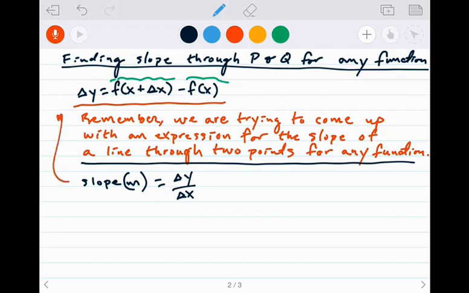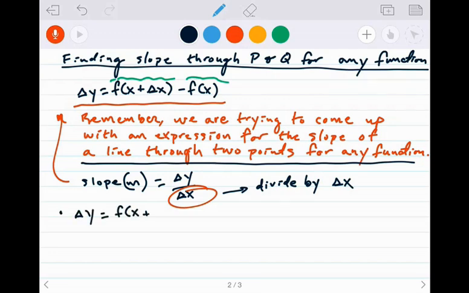Well, this actually up here looks kind of similar. So why don't we divide that equation by delta x? We're just going to divide both sides by delta x. Let's start with delta y is equal to f of x plus delta x minus f of x.